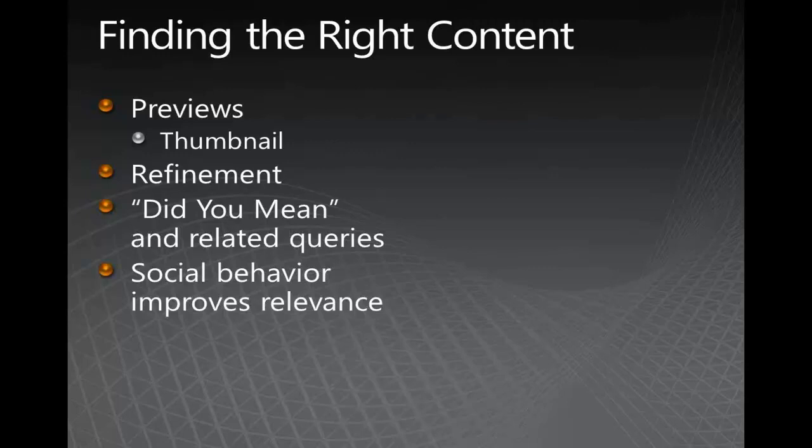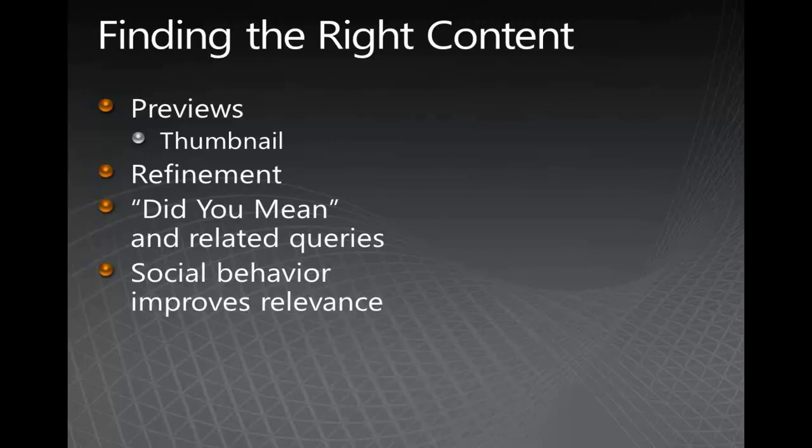We have refinement panels, so search facets on the quick launch that enable you to drill down very quickly into metadata or filters that have been returned, to restrict the search results and provide a more refined result. We also have did-you-mean and related queries, which prompt you for typing matches: if you spell something wrong, it will give you a suggestion based on previous experience.